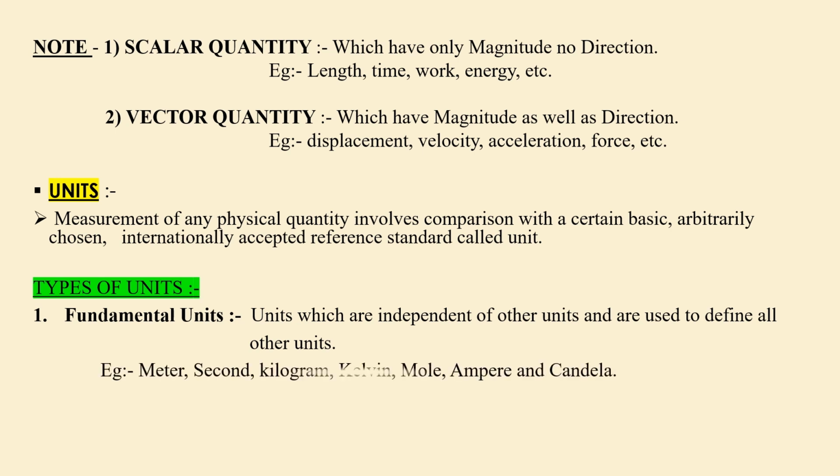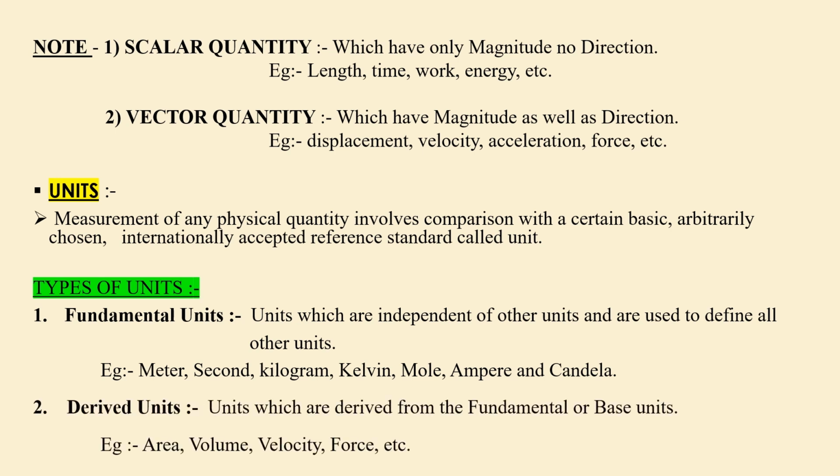For examples: meter, second, kilogram, Kelvin, mole, ampere and candela. 2. Derived units. Units which are derived from the fundamental or base units. For examples: area, volume, velocity, force, etc.